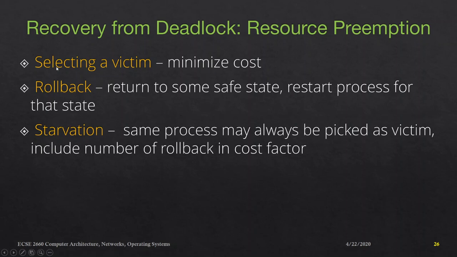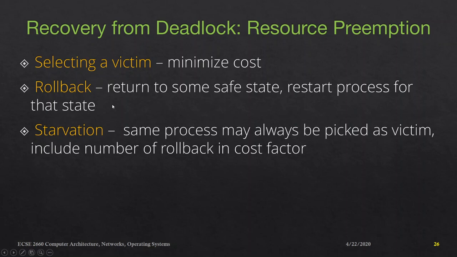Once we have that victim, we are going to do a rollback, which means that in order to return to a safe state, since we do this when we are in the unsafe state of deadlock, we can take away resources from the process and restart the process from the particular state where we go back.